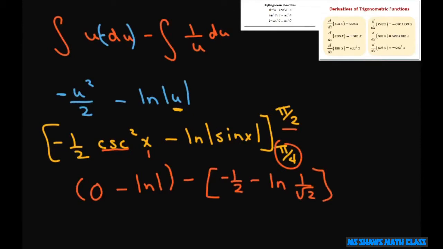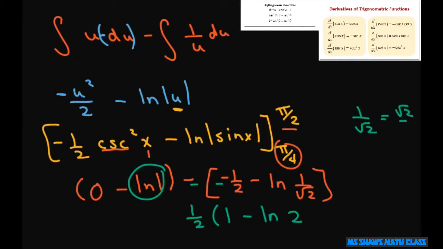Now simplifying this further, ln of 1 is just 0. So we have these two negatives here, so I can pull out a 1/2 and write this as 1/2 times 1 minus ln of 2. Because remember, 1 over square root of 2 is just square root of 2 divided by 2.